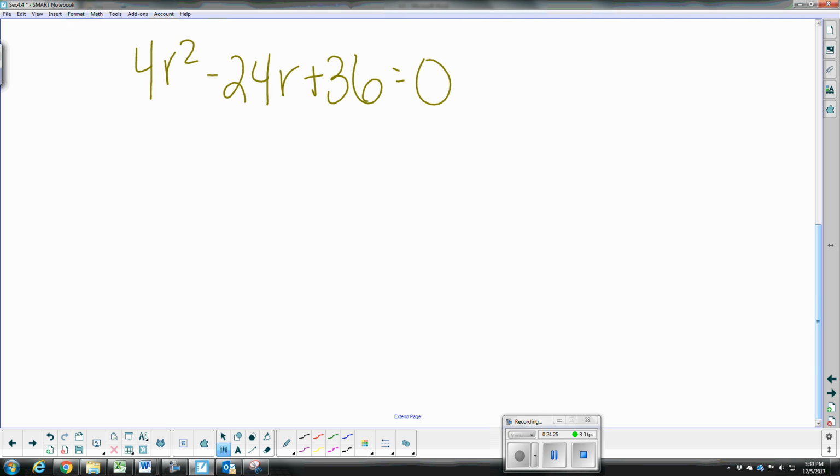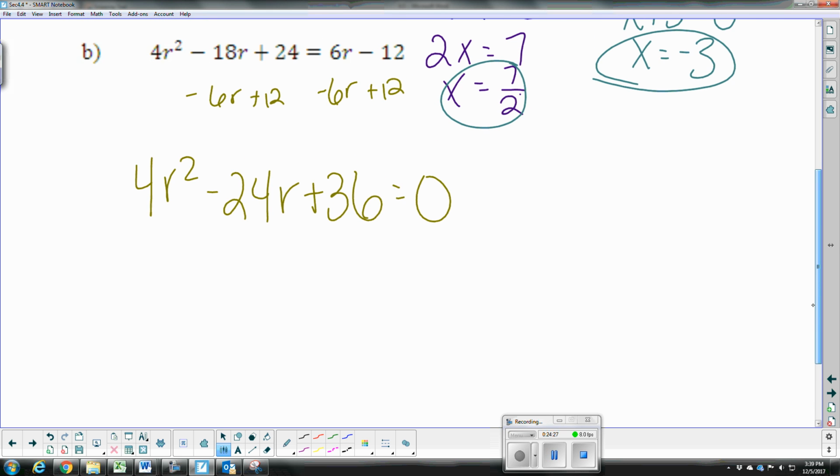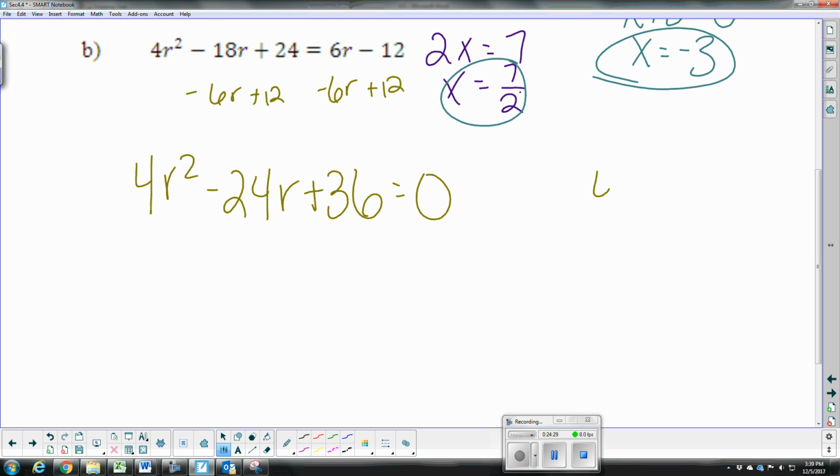Our next step is to factor. So 4r squared, 36, those are the two terms we're going to focus on. And we want to add those together so that we get negative 24.